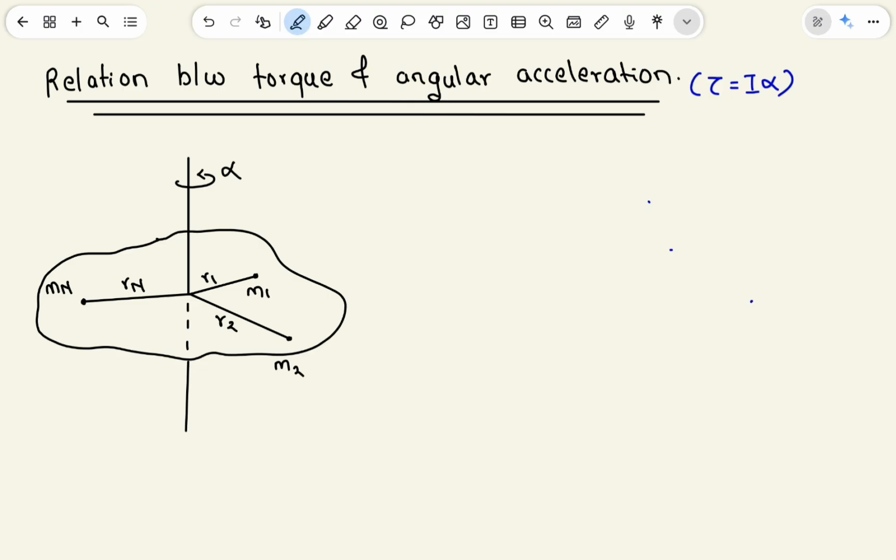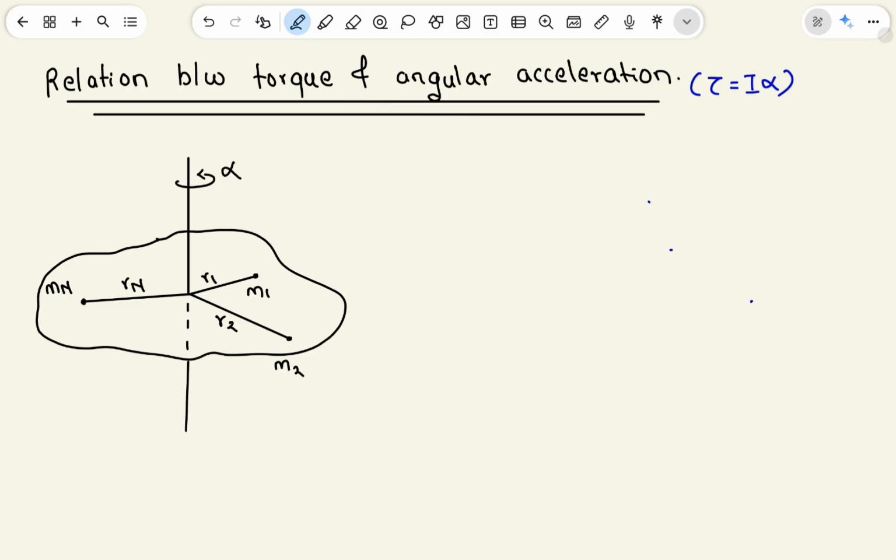For that, we have drawn a diagram on the left hand side of the screen where I've shown a rotating body and some particles on the rotating body, M1, M2, and so on up to Mn. The body is rotating about a vertical axis as shown in the figure, and about that axis, the angular acceleration of the body is alpha.